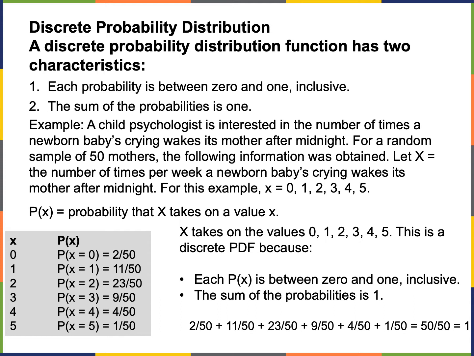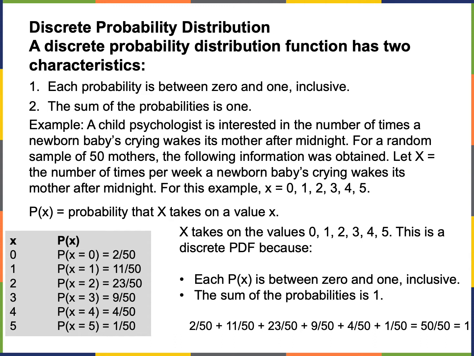Each probability is between 0 and 1 inclusive. That's normal, right? We already knew that probability values are between 0 and 1 and could include 0 and could include 1. The difference is that the sum of the probabilities, all of them, need to add up to 1, okay? Because it considers all the options.